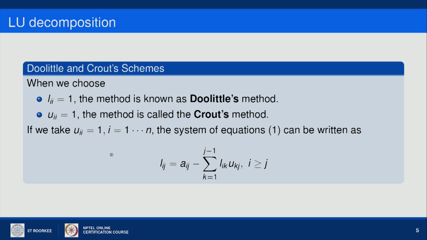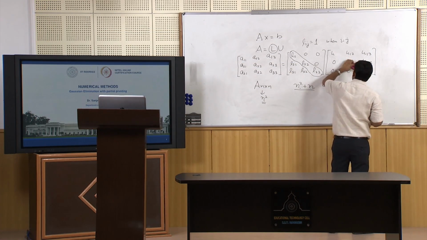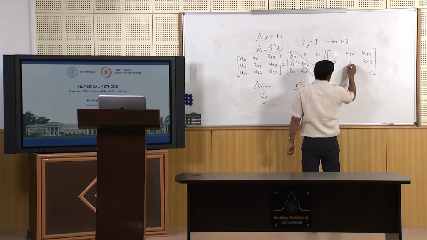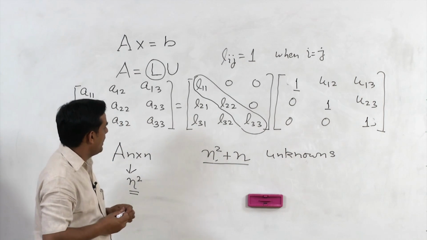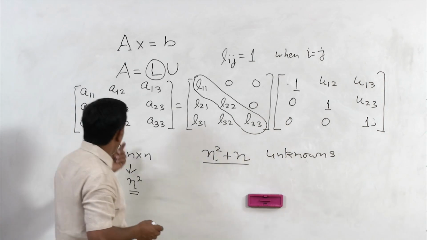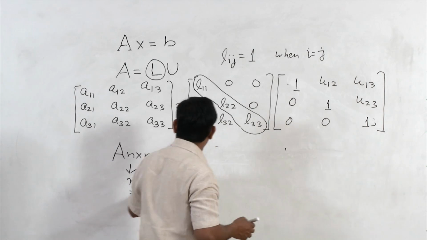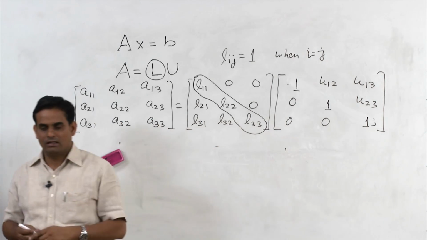Now, let us take the entries of the upper triangular matrix, those at the main diagonal, as 1, then total 9, 6 unknowns from here, 3 unknowns from here and 9 entries. Then I will find out the values of all Lij and Uij.